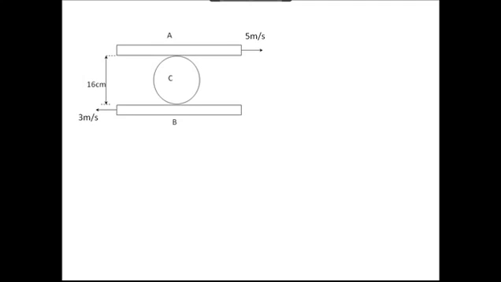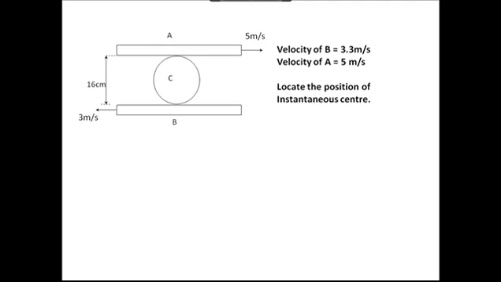Now this case is a little different in the sense you have a cylinder, and the top two plates are moving as shown. Top plate A is moving at 5 meter per second towards right, and bottom plate B is moving at 3.3 meters per second towards left. We want to locate the position of the instantaneous center.